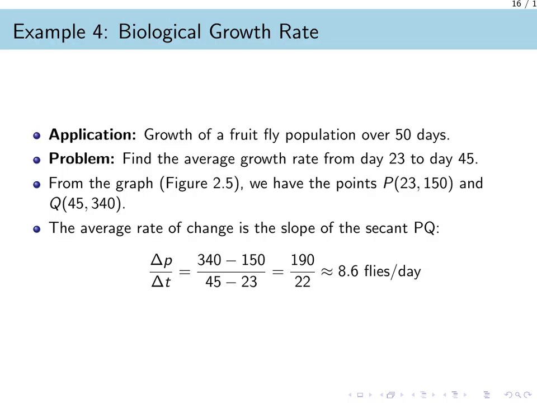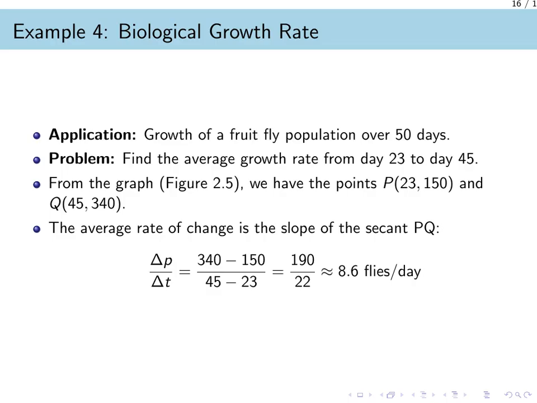The change in population, or delta P, is 340 minus 150, giving us 190 flies. This occurred over a time interval, or delta T, of 45 minus 23, which is 22 days. Dividing the population change by the time interval gives an average growth of about 8.6 flies per day.